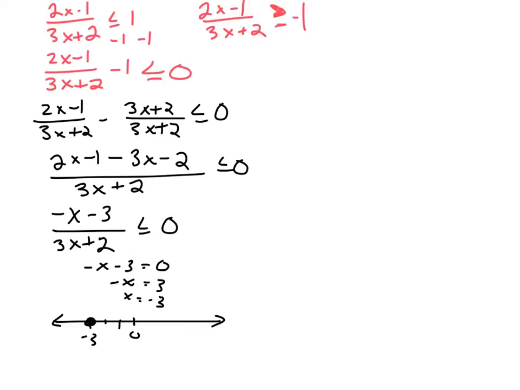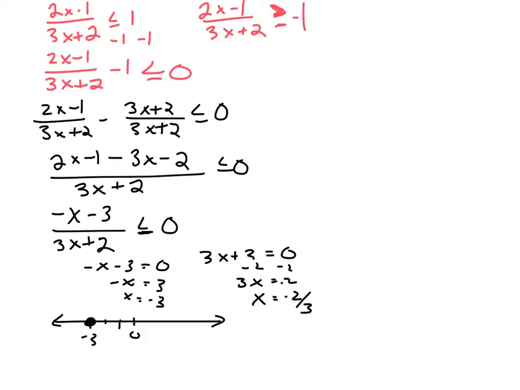That's a solution because equal to 0 is a solution. And then we also have to be concerned about when the bottom equals 0, because then it'll be undefined at that point. So let's subtract 2 from both sides. We'll get 3x equals negative 2.